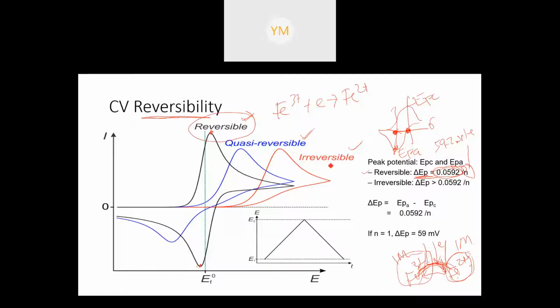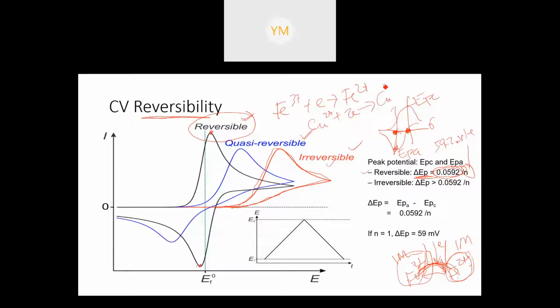But for irreversible, it can appear like this. You can see the peak. Then when you ask the system to reverse, there is no peak at the bottom, because it already formed a permanent product. For example, copper is reduced to copper on the surface of the working electrode.